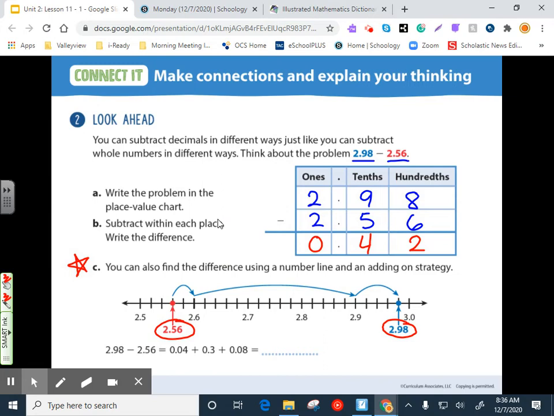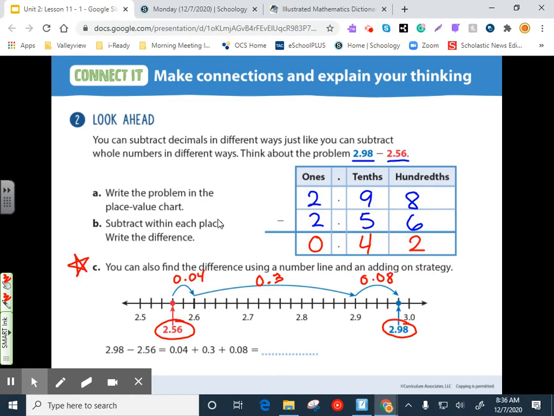If we look at this, the difference between 2.56 and 2.6 is 0.04. The difference between 2.6 and 2.9 is 0.3, or 3/10. And the difference between 2.9 and 2.98 is 0.08.